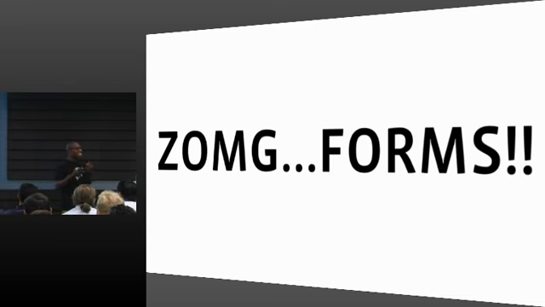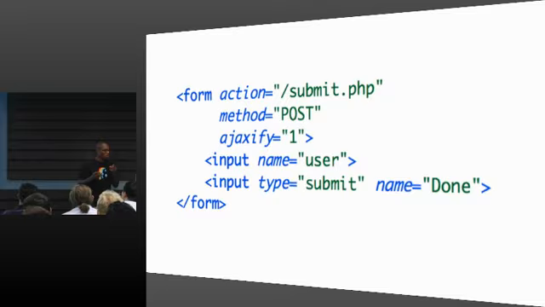So this actually ended up being one of the simpler cases. We took regular forms and we added an Ajaxify attribute. When that attribute is there, Primer captures the onSubmit event for the form, serializes that form, and sends it as an AJAX request. And again, once we have an AJAX request to our server, we can do whatever we want to the page.